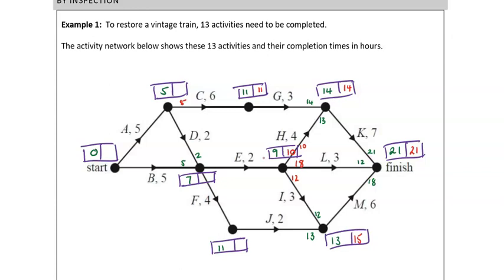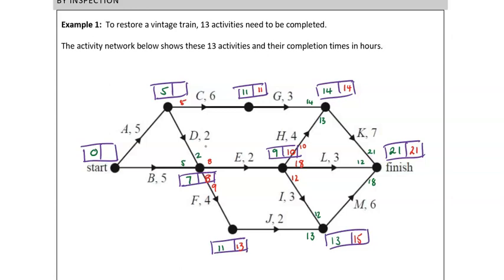10 minus 2 for E, 8. Let's get the rest here. So at J, so 15 minus 2, 13. 13 minus 4 for F gives us 9. Smallest value going backwards is 8.